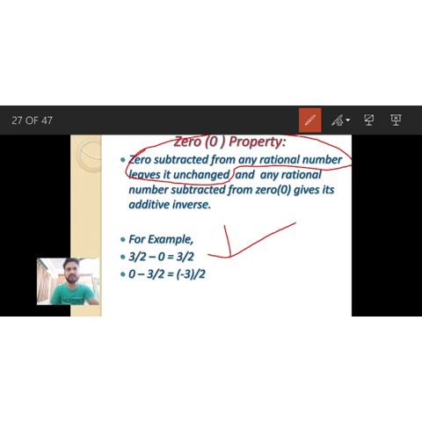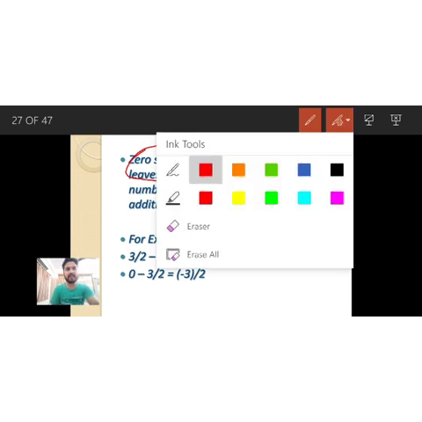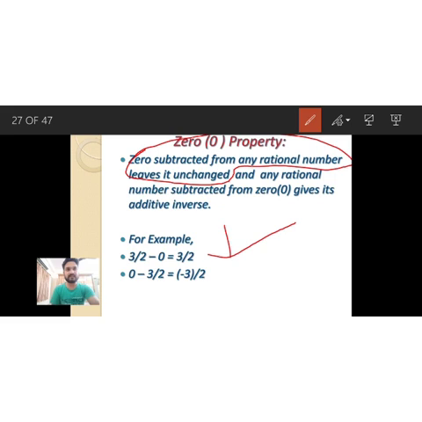Now I just changed the color of the pen. Any rational number subtracted from 0 gives its additive inverse, meaning the second property, 0 minus 3 by 2, the answer is not the same, the answer has the minus sign, minus 3 by 2.